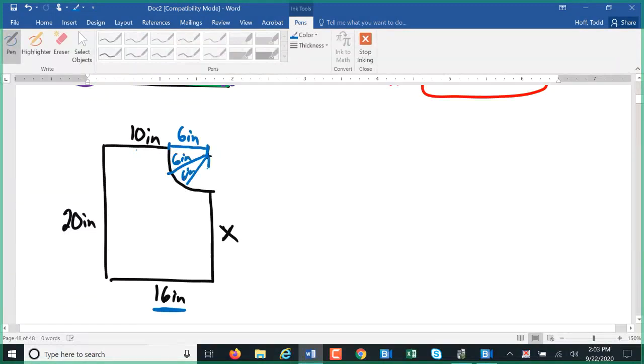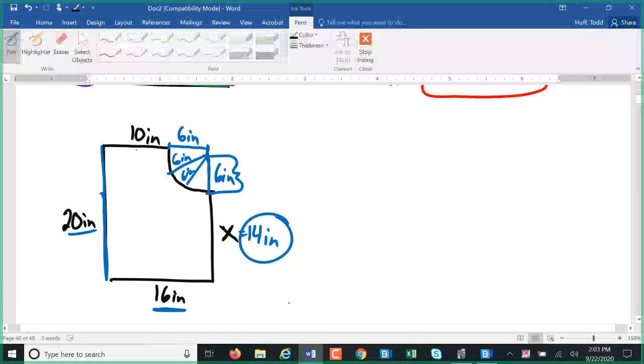More importantly, it's 6 inches here. So if that piece is 6 inches and this whole side was 20, 20 minus 6, this piece has to be 14 inches. Well, like we said, that circle is one way to transfer dimensions from the horizontal to the vertical direction.